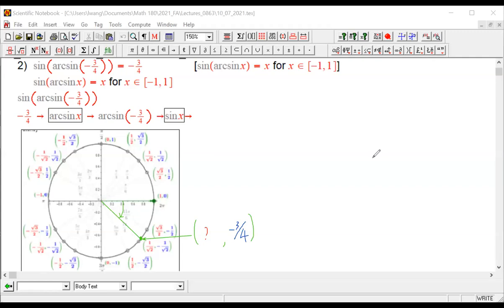Okay, so let's look at another one. Let's look at the other one. These other ones would be number 5 and 6. Let me complete this process.